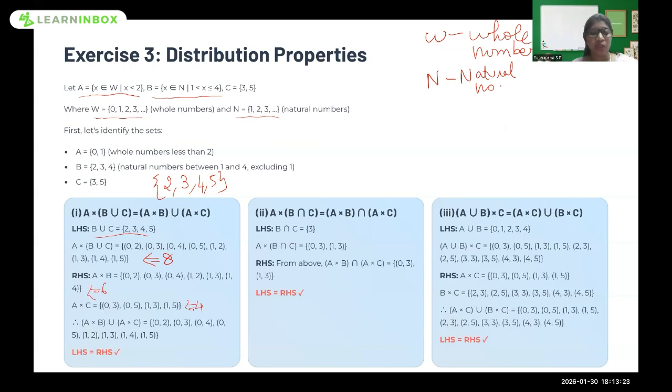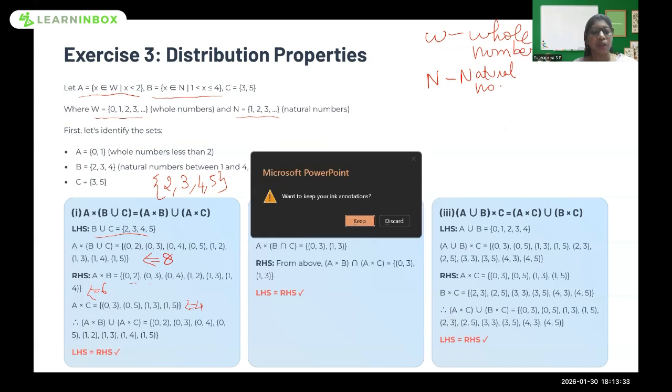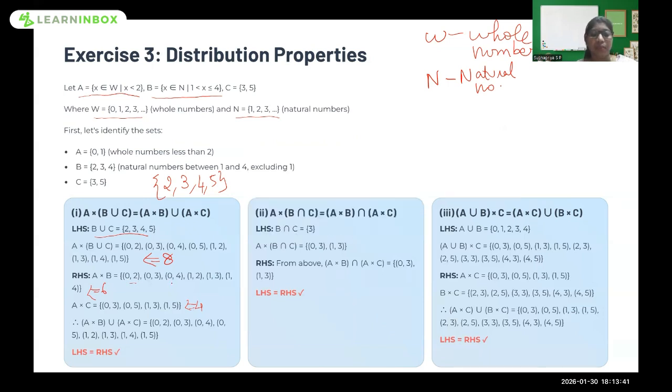Then you have to union. That is, you have to write all the elements together. So starting with 0, 2, 0, 3, 0, 4, 1, 2, 1, 3, and 1, 4.